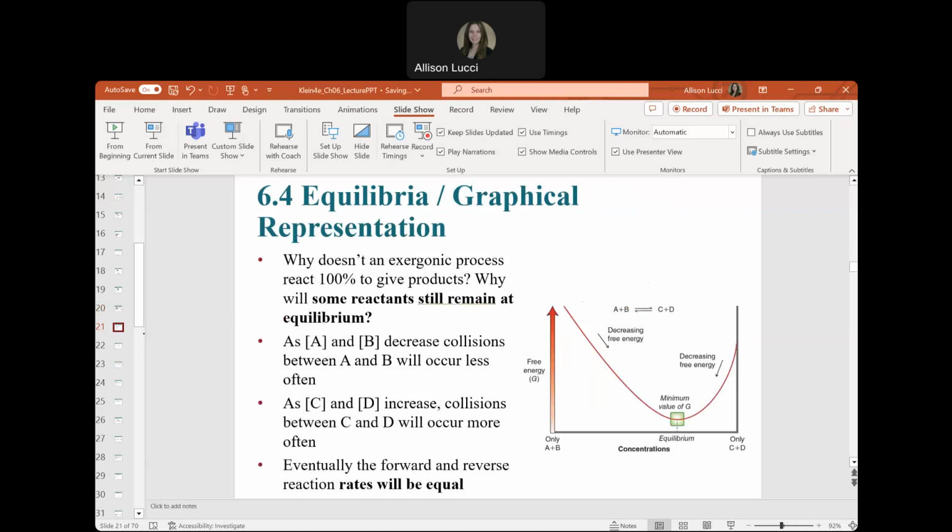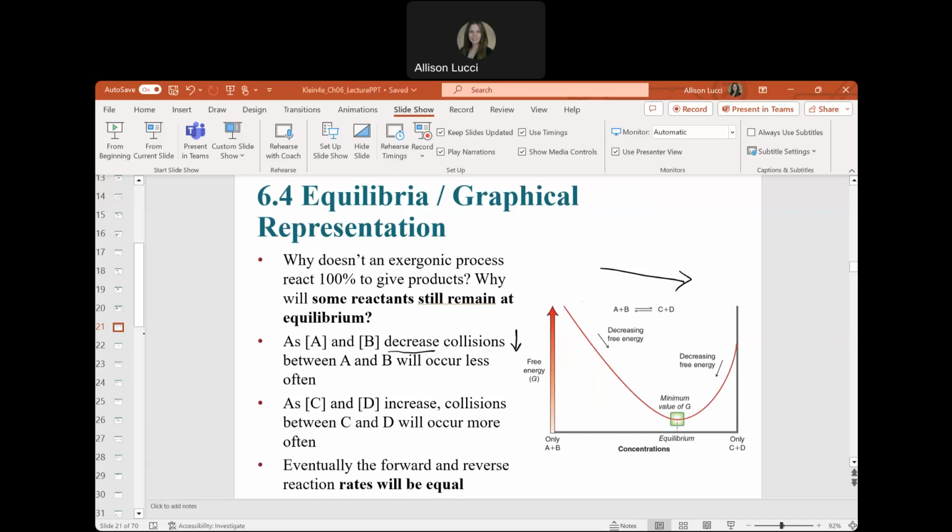But first, we'll consider why doesn't the reaction just go in one direction, right? Why doesn't it convert all of A and B into C and D? So we can rationalize this in the sense that as the concentration of our reactants, A and B, decreases, the number of collisions between the reactant molecules A and B will also go down.